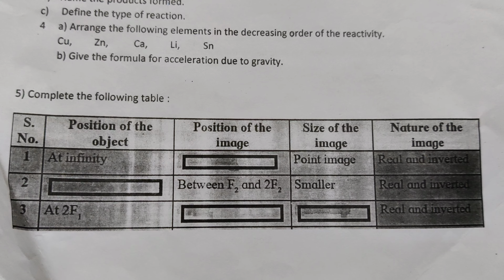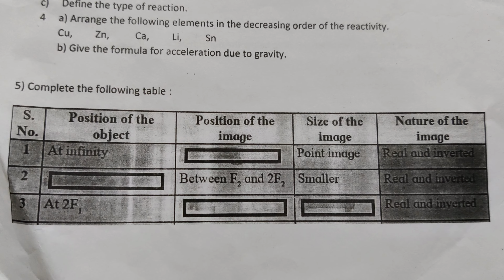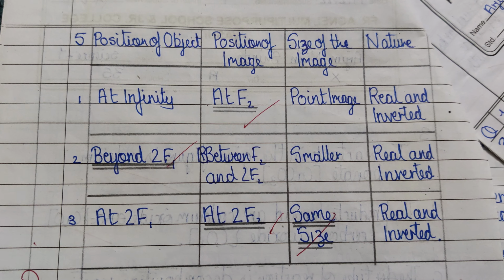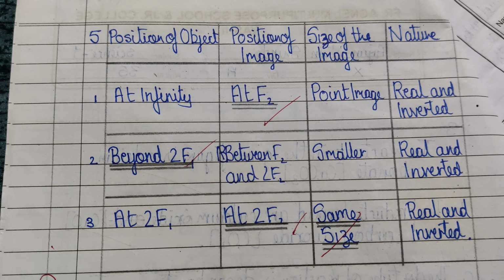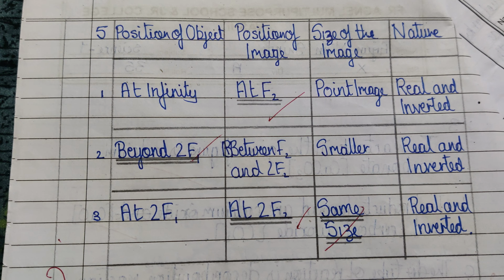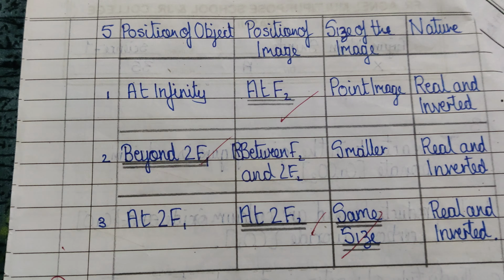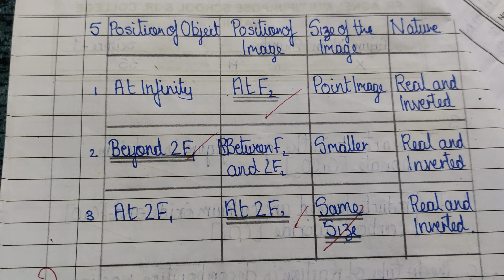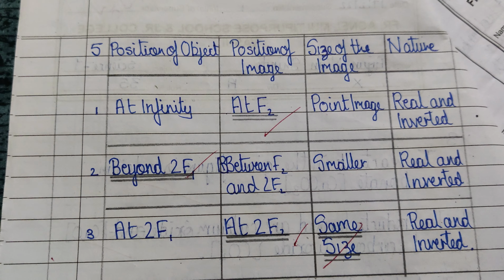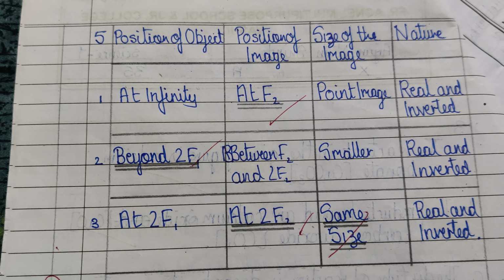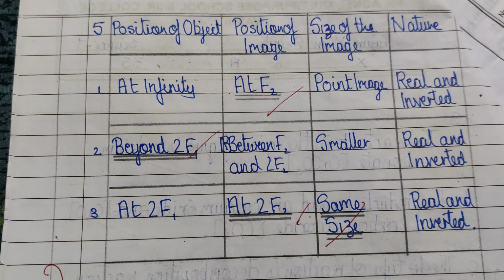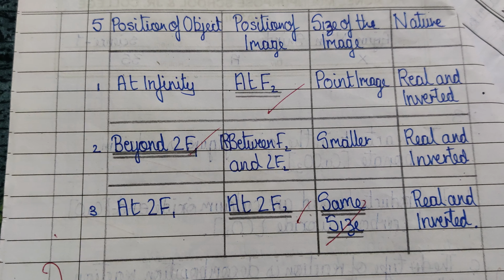Complete the following table. Answer: position of object, position of image, size of the image, nature. If the position of the object is at infinity, the position of image is at F2, size of the image is point image, nature is real and inverted.